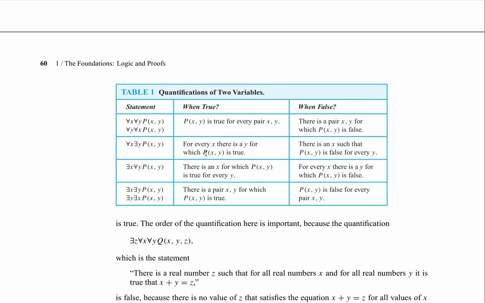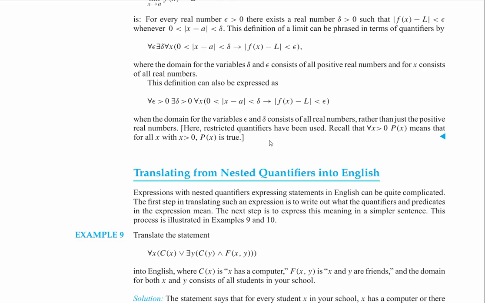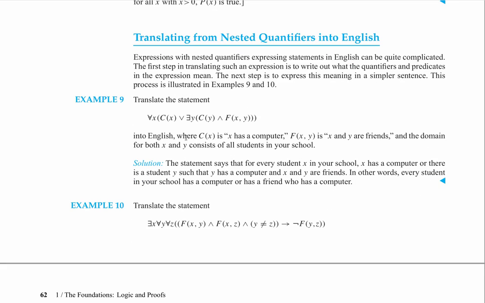Yeah, here's a table of what can happen when you're quantifying two variables. Okay, example 9. We have two propositional functions here. C of x says that x has a computer, and F of x comma y says that x and y are friends.